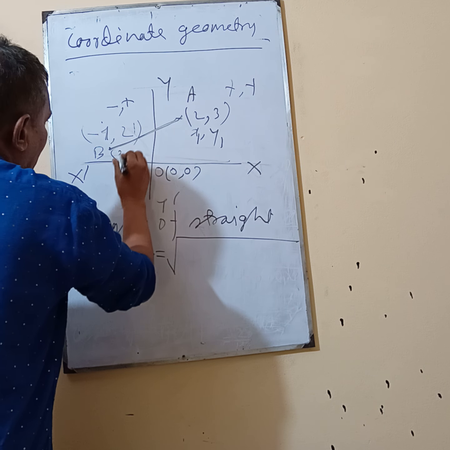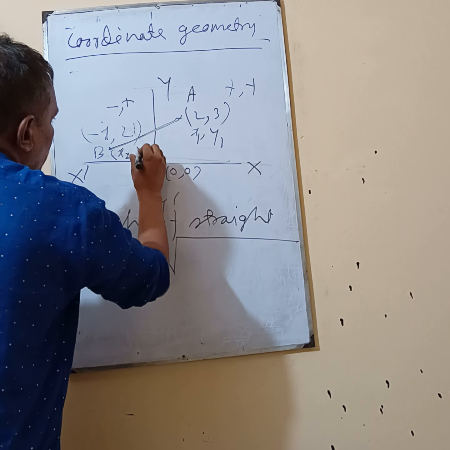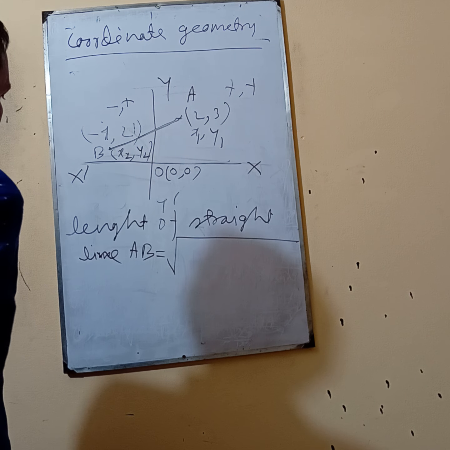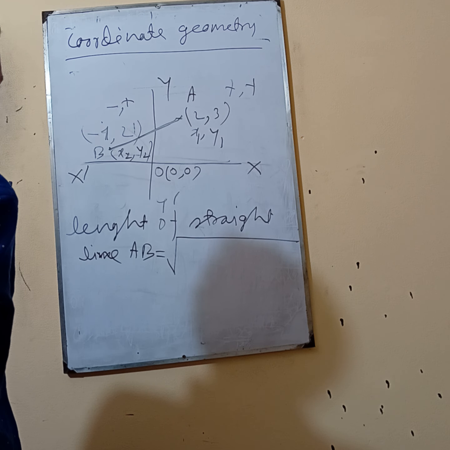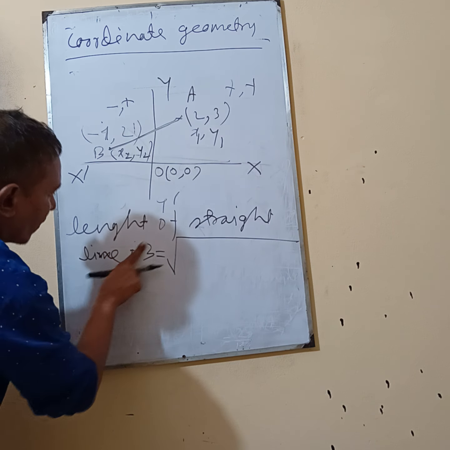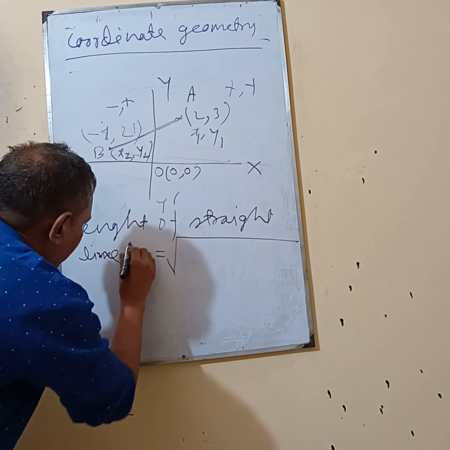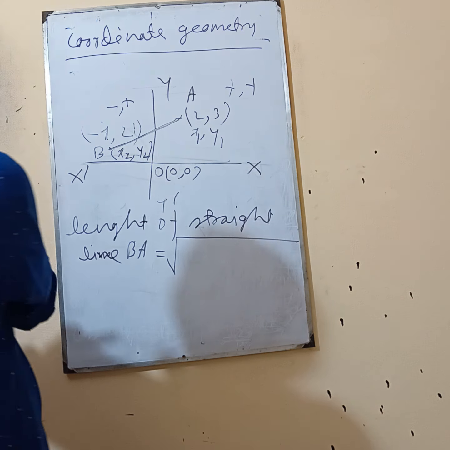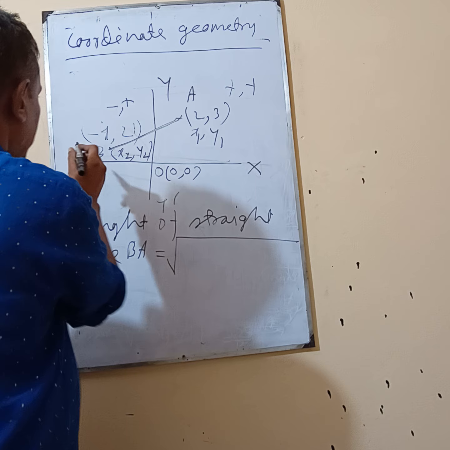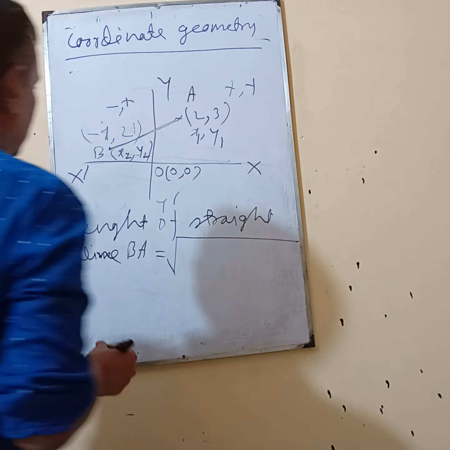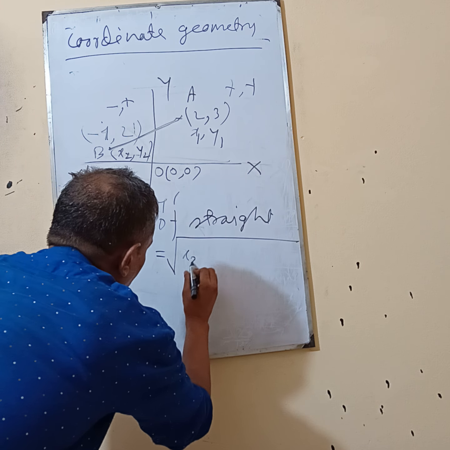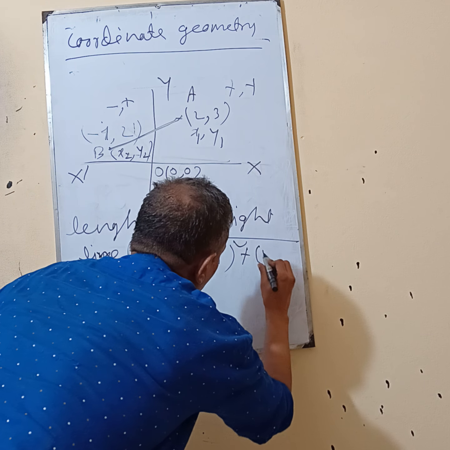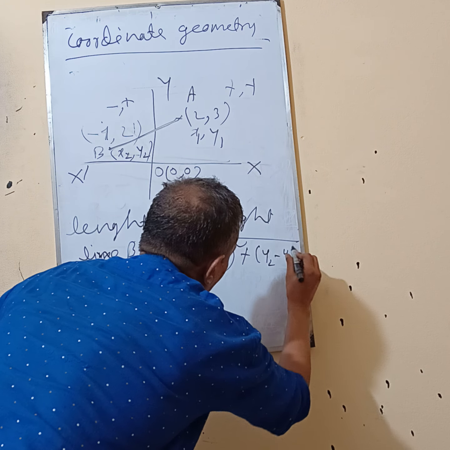This is x2, y2. And I have to always remember left to right, left to right. So x2 minus x1 whole square, y2 minus y1 whole square.